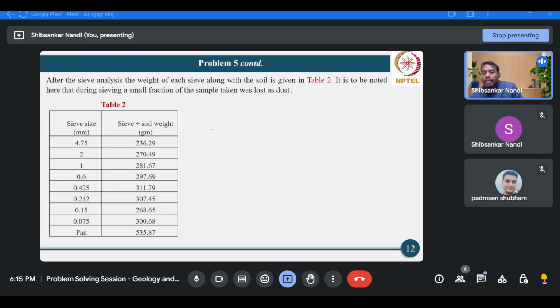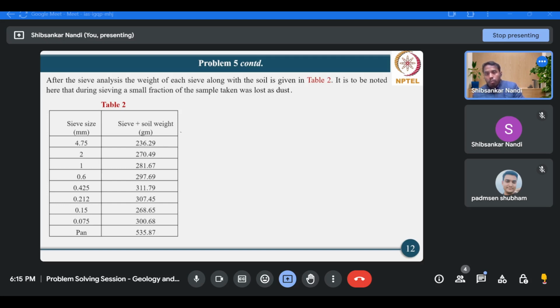So we can easily determine how much soil is retained on a particular sieve by deducting the sieve weight from the sieve plus soil weight. If we deduct the sieve weight from the sieve plus soil weight, we can easily calculate how much soil is retained on a particular sieve size. I think it's okay.